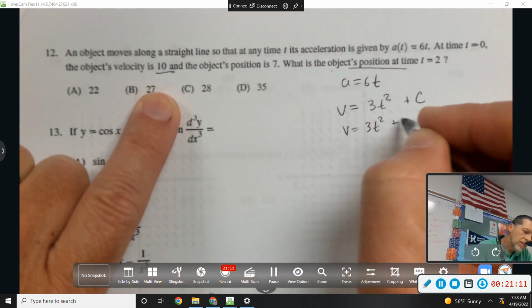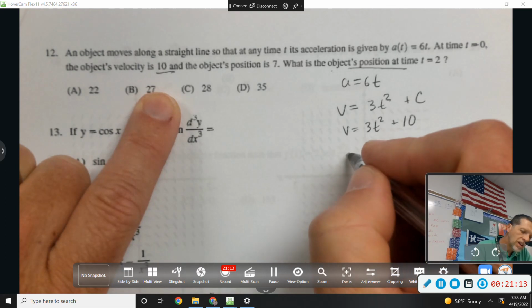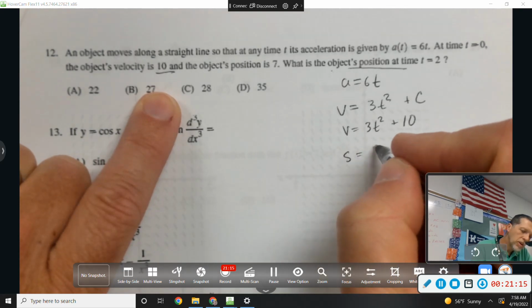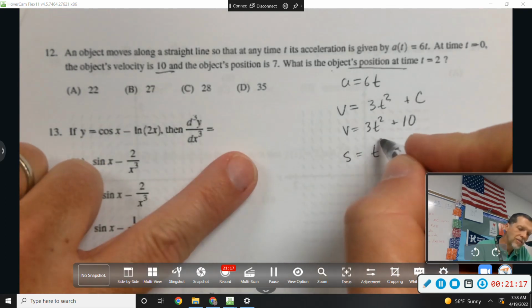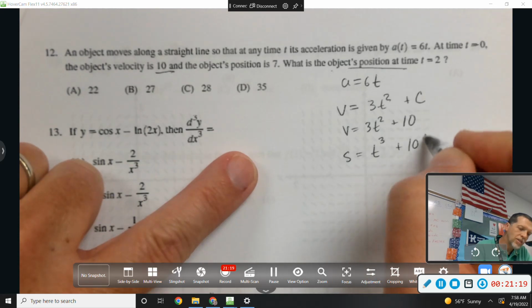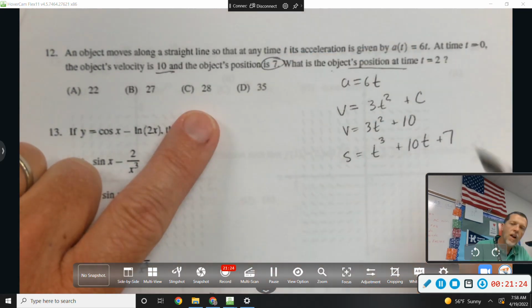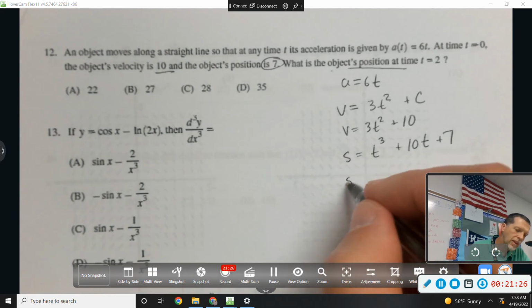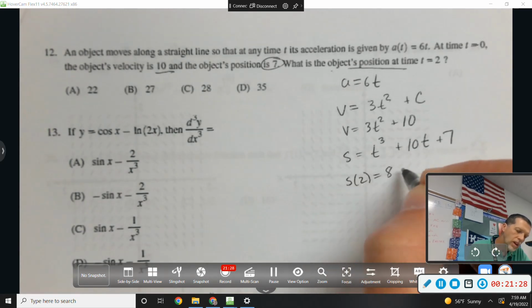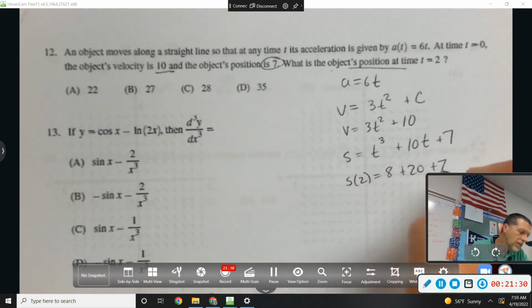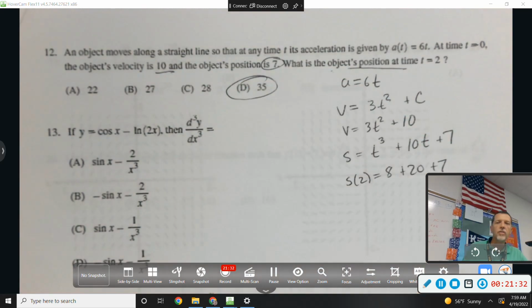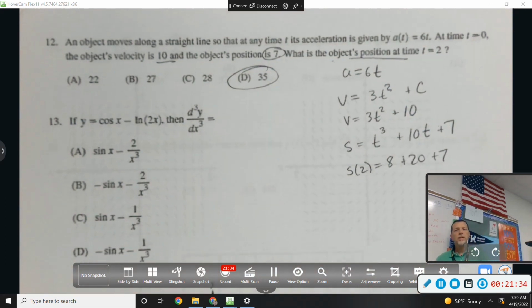So C is 10. And back up once more. And again, they've sort of rigged it to work out to give you nice numbers. Initial position is 7. And then S of 2, 8 plus 20 plus 7 is 35. Kind of breezed through that one, but a lot of you did well on that one.